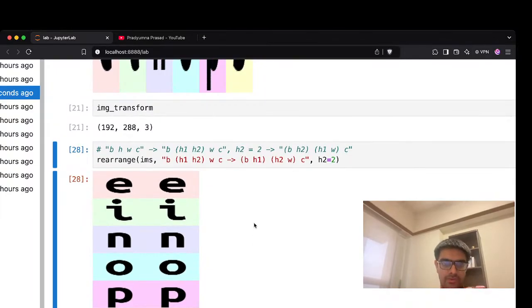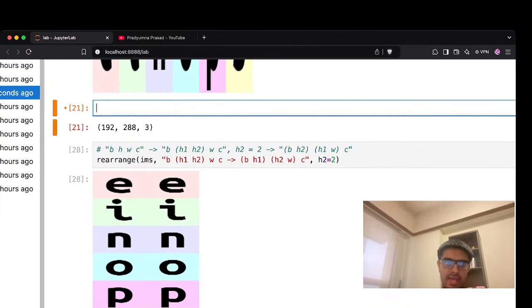Let's think again what I'm trying to do here. What I'm saying is that I have a 6 by 96 by 96 by 3, and then I'm splitting this 96 into 2 by 48. Sorry, 48 by 2. Right?